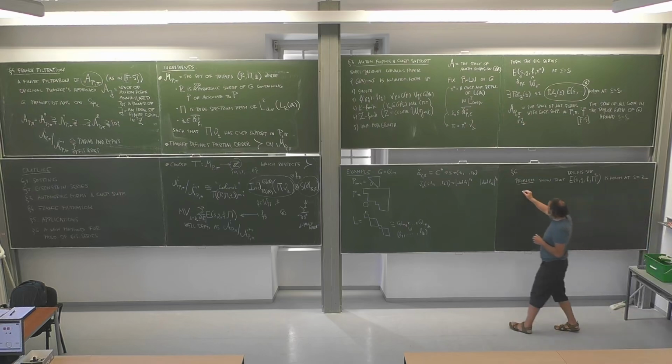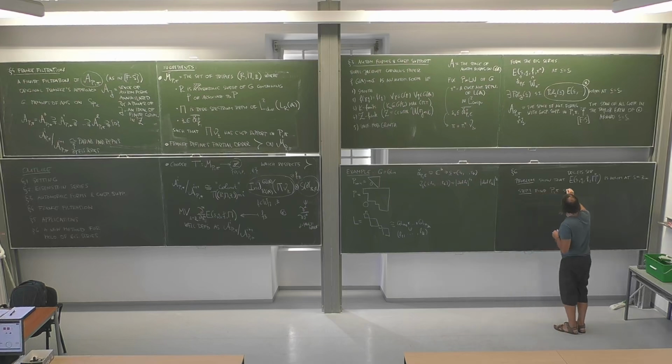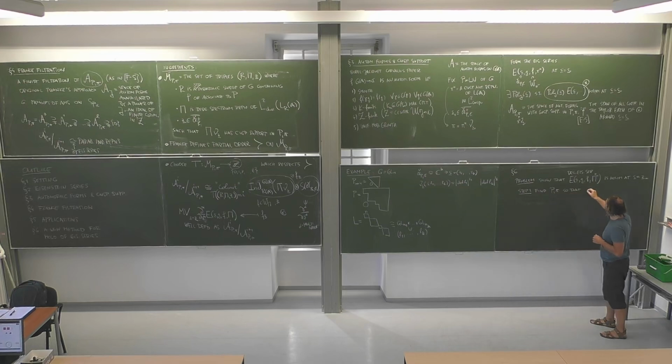Then step 1 is to find the cuspidal support. So find P_pi so that this Eisenstein series belongs to it.